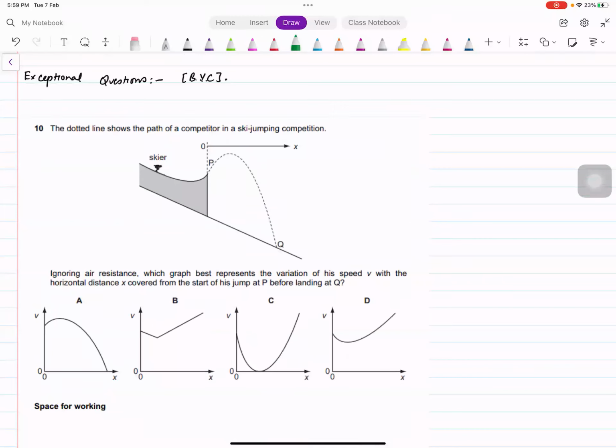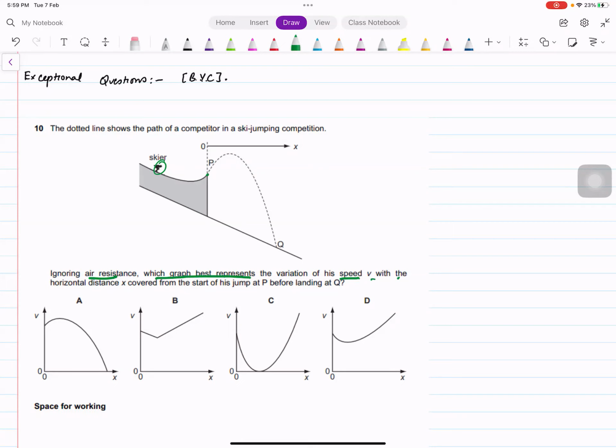Okay, so first of all, let's see what's happening here. There's one guy who's jumping off a ramp, sort of edge, and then he goes into a projectile motion. It says ignoring resistance, which graph best represents the variation of speed v with the horizontal displacement.